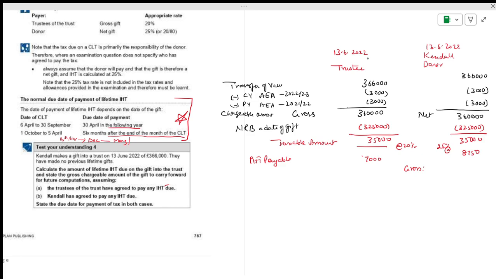Gross amount will be how much? In the answer, what have they given? You have the answer with you? They take the net plus 368. How? 360. They take the net. How much net have they taken? 360. Next. Yes, and they added the 8,750.